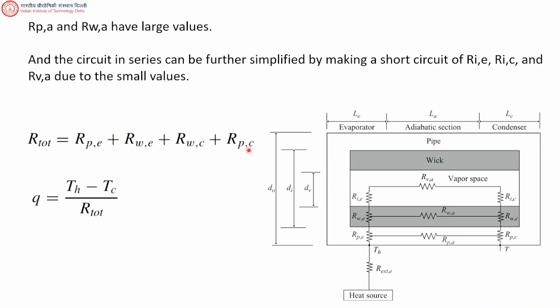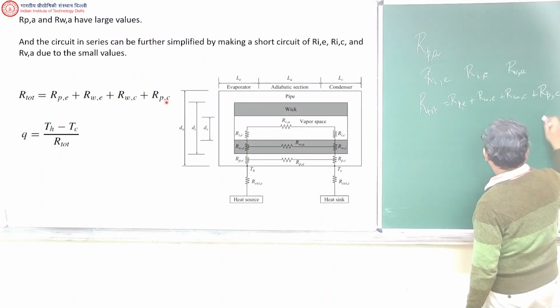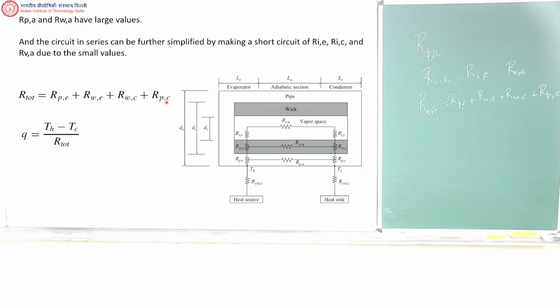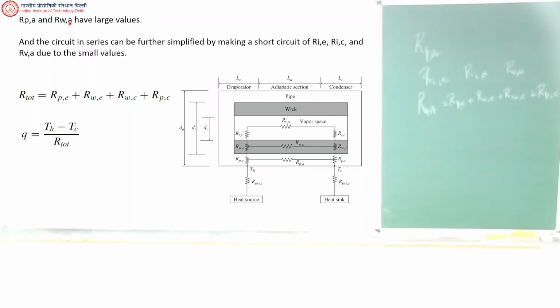So that's a good thing we have been able to simplify. So our total is RPE plus RWE plus RWC plus RPC. Now, RPA we said has got large value, RWA has got large value.